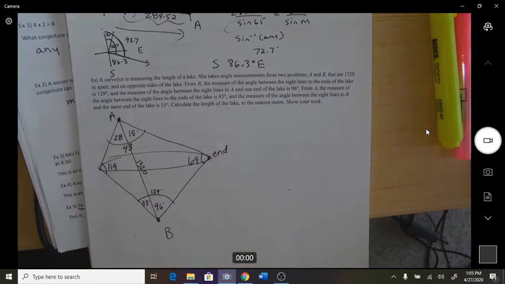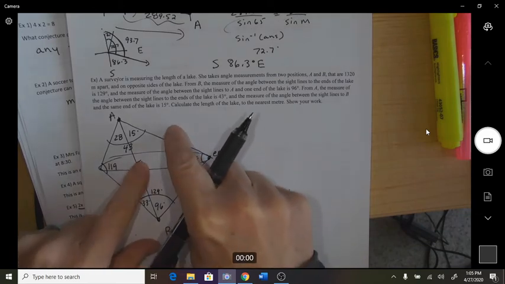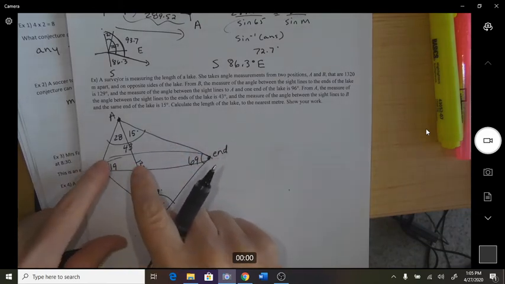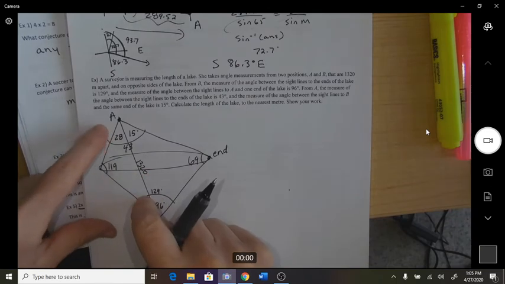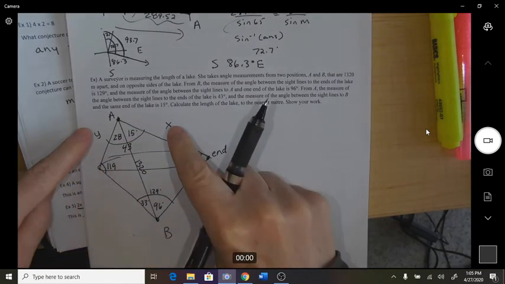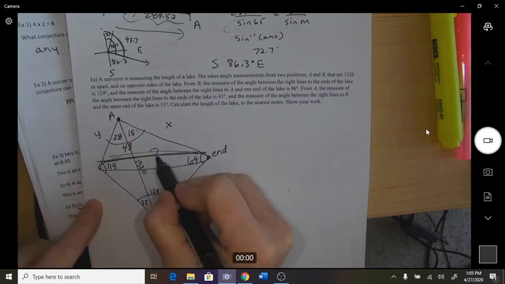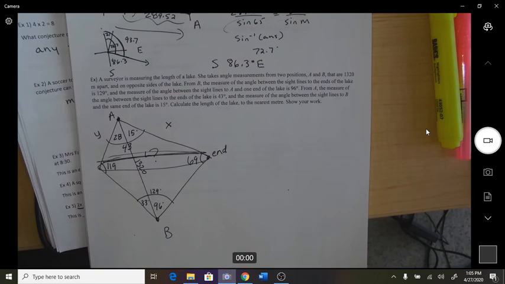Okay, so here's my strategy. I'm going to go sine law and get this, sine law and get this. So I'm going to call this X and Y. And then I'm going to use SAS and get my final, my lake.